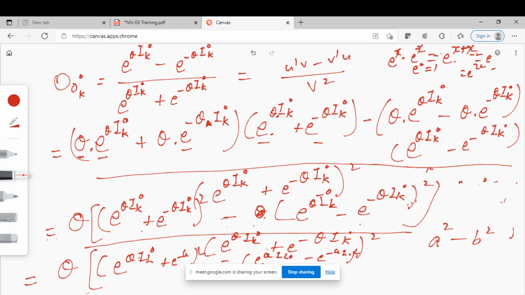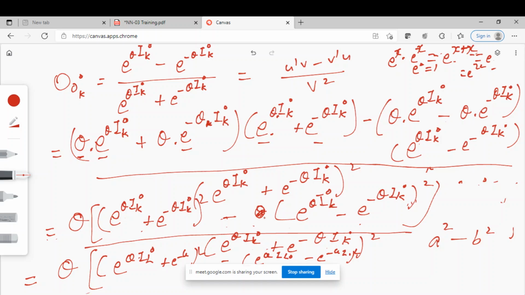Okay, and not only that, now you see this numerator part. This first part and this denominator is same. Am I correct or not? Is it visible or not visible? What is the numerator? (e^(θ·k0) − e^(−θ·k0)) the whole square.